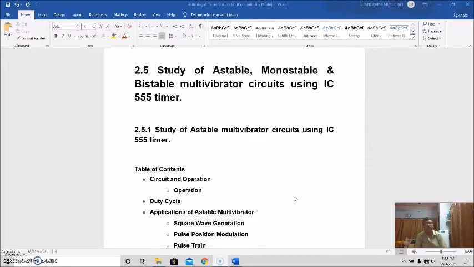We have already discussed multivibrator circuits using op-amp. Now we'll see how a 555 timer can be used as an astable, monostable and bistable multivibrator circuit. We'll start our study with the astable multivibrator using IC 555 first.